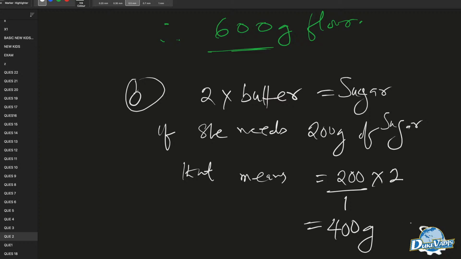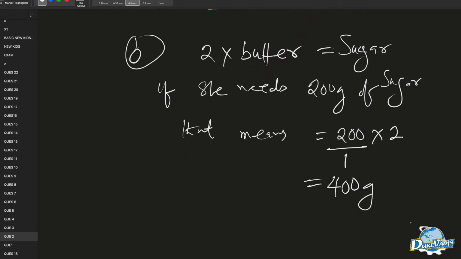So this will give you 400 grams of what? Butter.